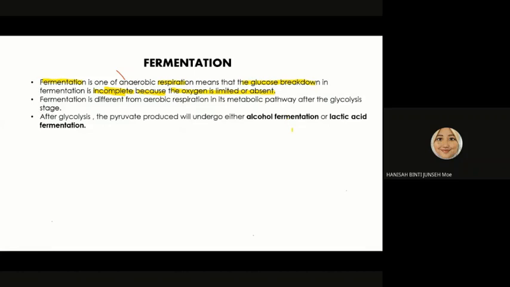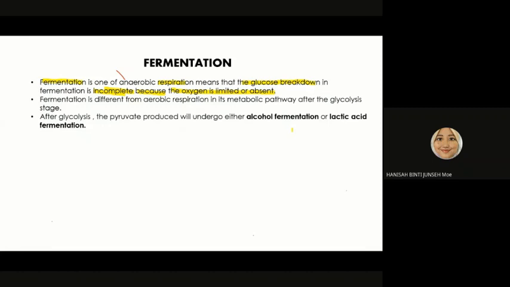As you know, in aerobic respiration, there are two pathways. The first pathway is where the glucose is broken down into pyruvate.